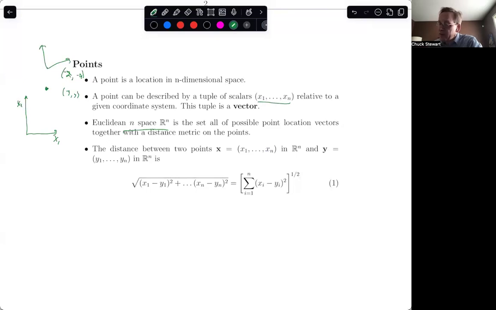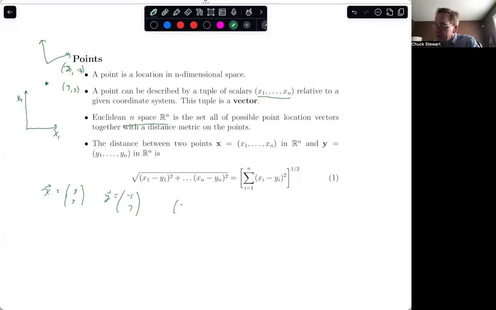So for example, if x is 3, 5, and y is -1, 7, then the distance between x and y is the square root of (3 minus -1) squared plus (5 minus 7) squared.